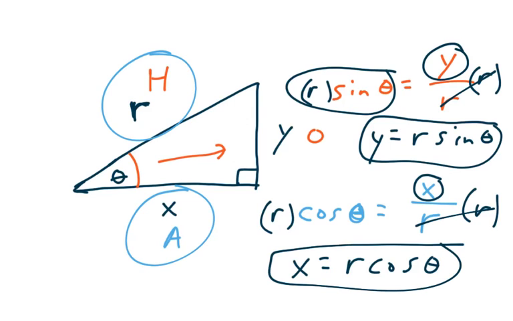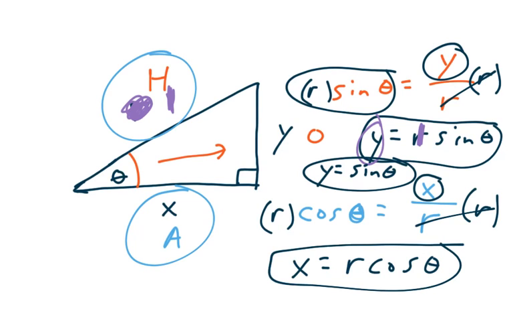So here's the grand finale, guys. What happens if we actually know what r is? R has a value of 1. Well, if you look at y, follow the purple, and if r is 1, wouldn't y simply be sine of theta?